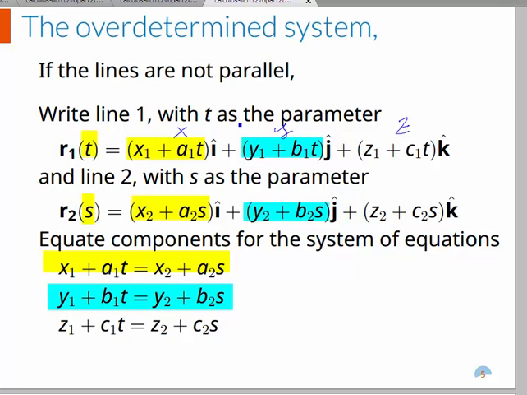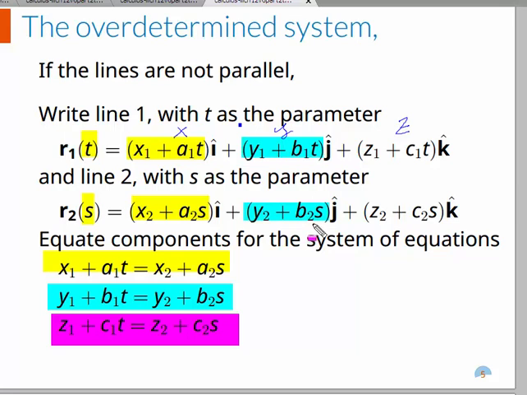And then, of course, we're going to have the third one, and this is for the z's. Okay, this is an overdetermined system because we're looking for values of t and s that will give us the same x, y, z in both line 1 and line 2. So we have two parameters we're looking for, t and s, and we have three equations. That's why this is an overdetermined system.